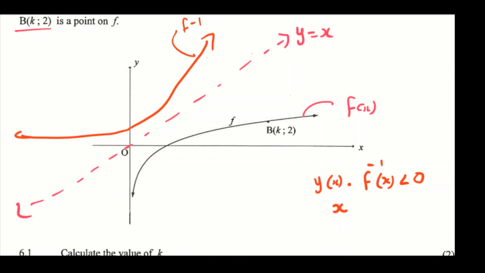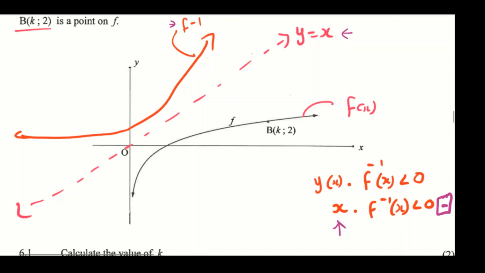So let me write x multiplied by the inverse of f of x, less than 0. What this means is we are looking for a solution of y that is negative. So when you multiply the y value of y is equals to x and the y value of the inverse, you must get a solution that is negative.